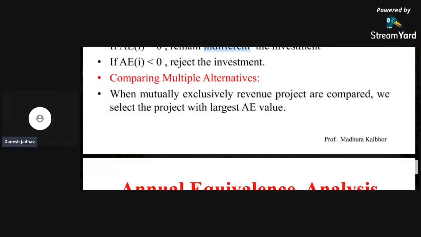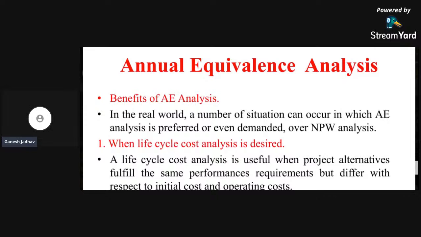Then so here is what they say, benefit of AE analysis. Okay. So what is annual equivalence analysis? So which are the benefits? Okay. So first one is when the life cycle cost analysis is the design. Okay, so here is the number of the analysis.